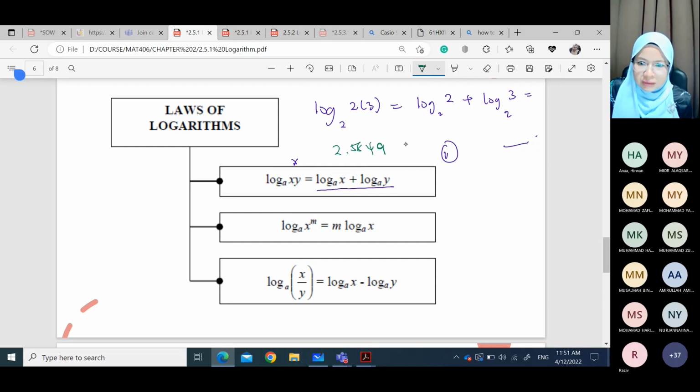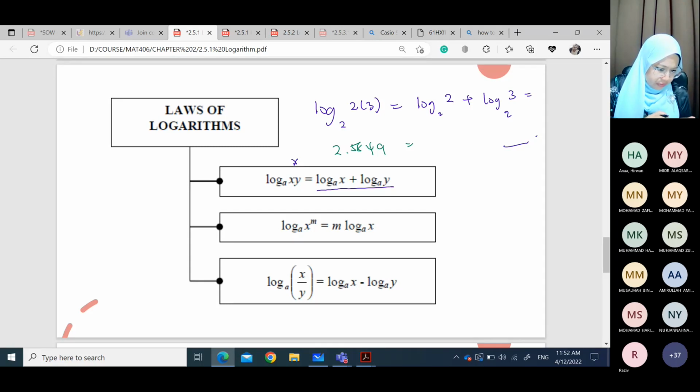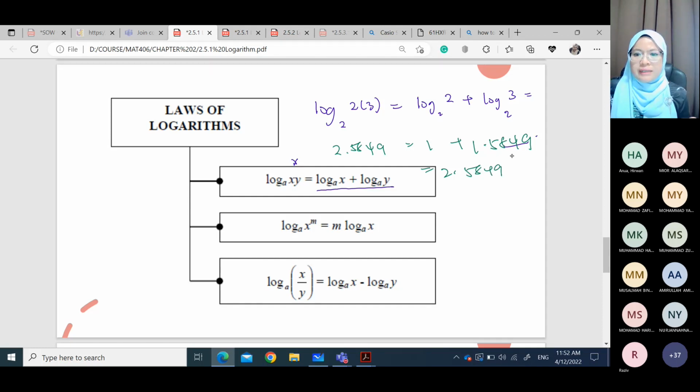9. Okay, so log 2 tu dia akan dapat apa? Log 2 nilai dia 2... 1. Kat sini dapat 1, 1. And second one, log 2, 3. You akan dapat 1.5849. So bila you tambah, you akan dapat 2.5849.